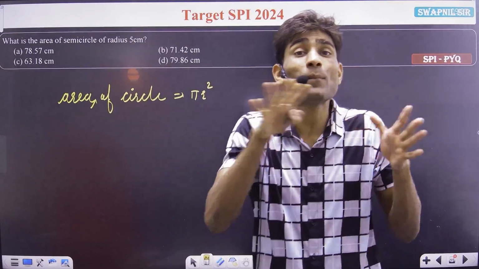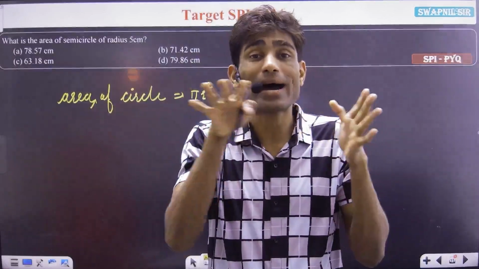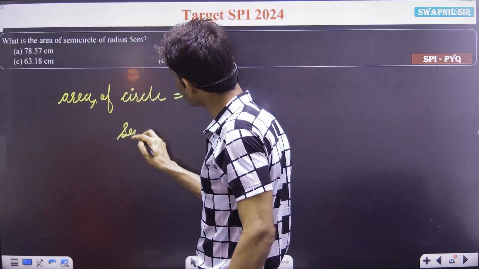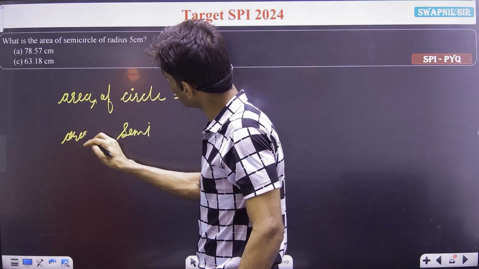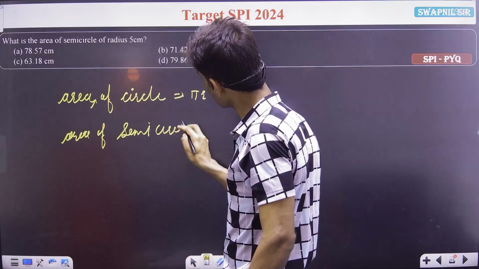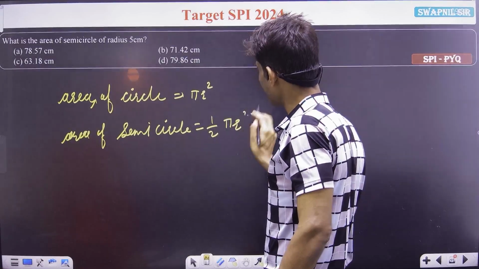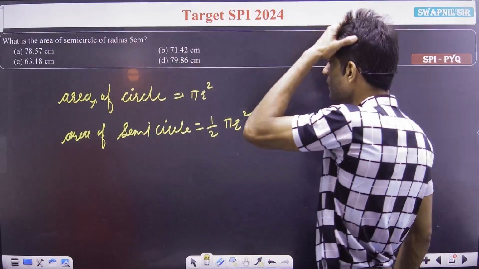A semicircle means half of the circle. Then the area of a semicircle, we write 1/2 pi r square.